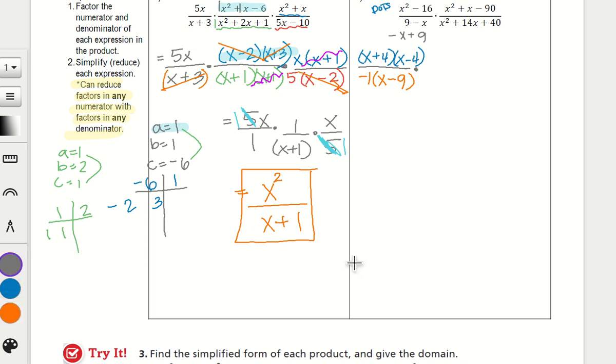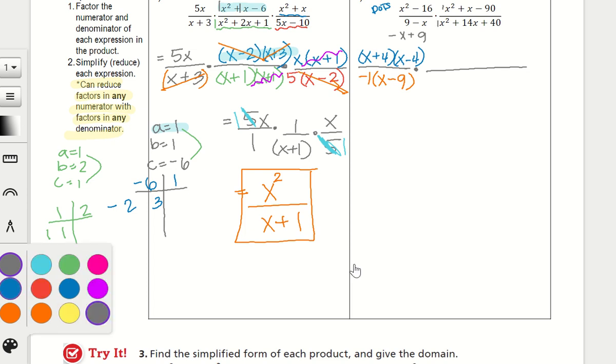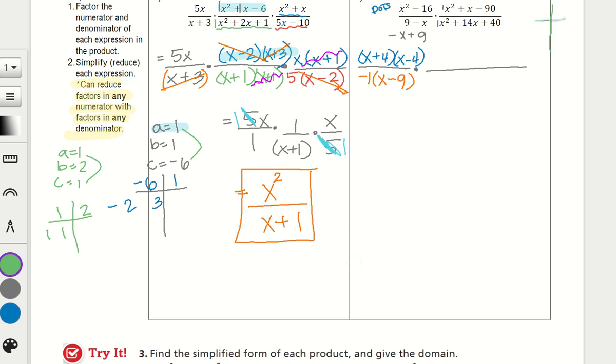So I factored the entire first fraction. I need to factor the second one. Both of these are trinomials where my leading coefficient is 1. So for both of these, I can just do the product sum and use the values that I determine from there. So I'm really just looking at what multiplies to negative 90 and adds to 1.